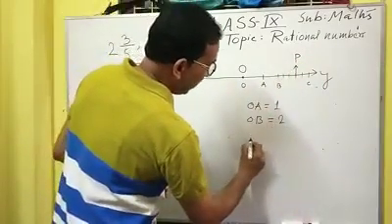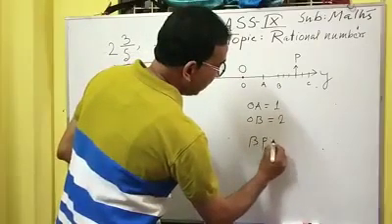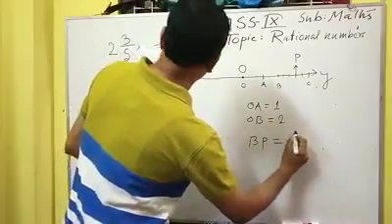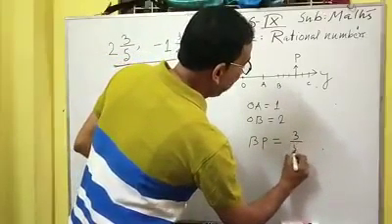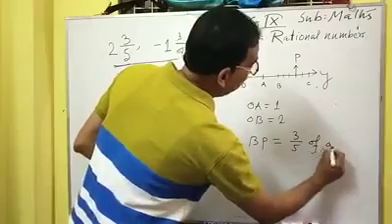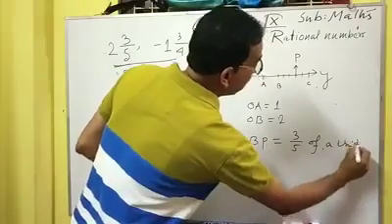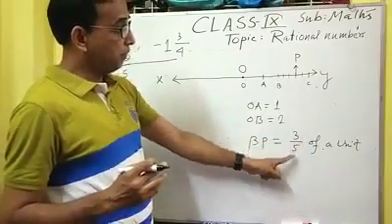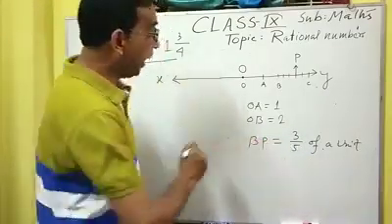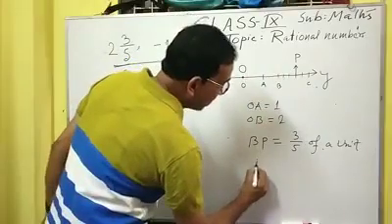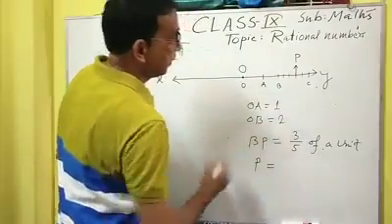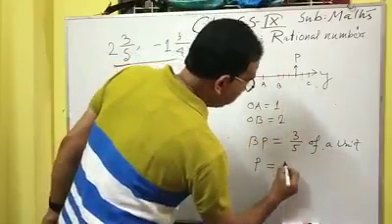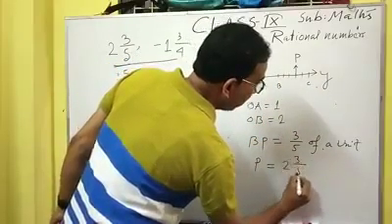Here BP is equal to 3 by 5 of a unit, and P represents 2 whole 3 by 5.